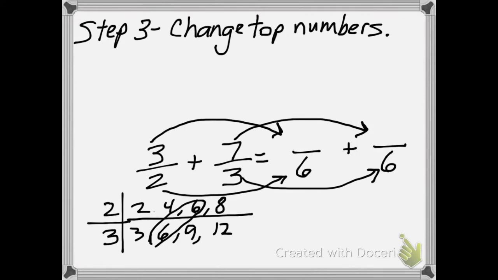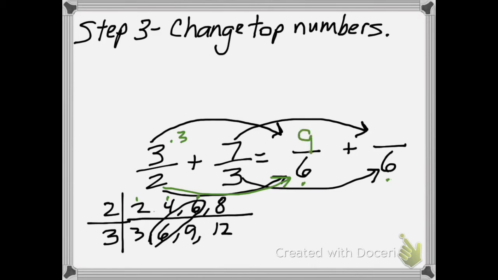That's going to become our common denominator. Now we have to change the top numbers. Because we have our bottom numbers, we have our two fractions here with 6 on the bottom. So what we have to do, remember, is multiply the top numbers by the same thing that we multiplied the bottom by. So in this case, the 2 we multiplied by 1, 2, 3. So if we multiplied 2 by 3 to get this 6, we multiply 3 by 3 to get 9.